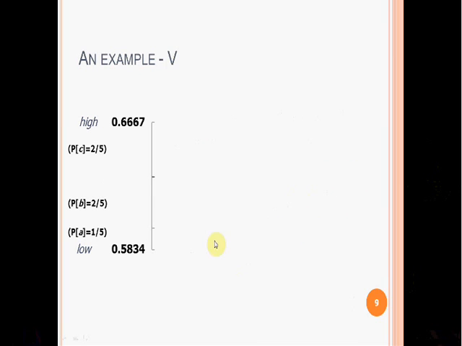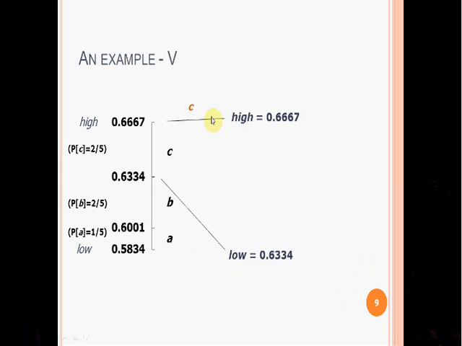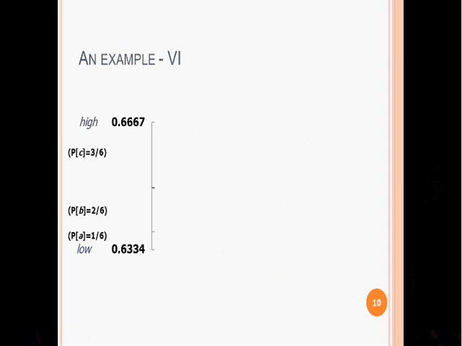Again, by considering this interval, the next symbol is again C. We'll divide it again and the new low value we get is 0.6334 and the high value as 0.6667. And the new probabilities are 1 by 6, 2 by 6 and 3 by 6 of A, B and C respectively.